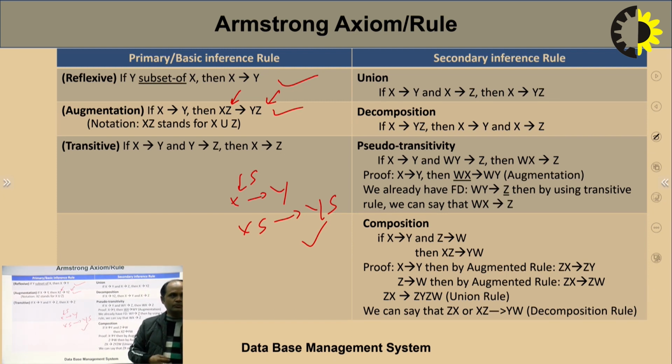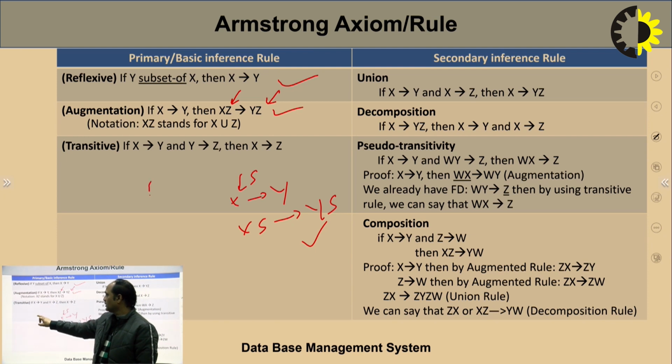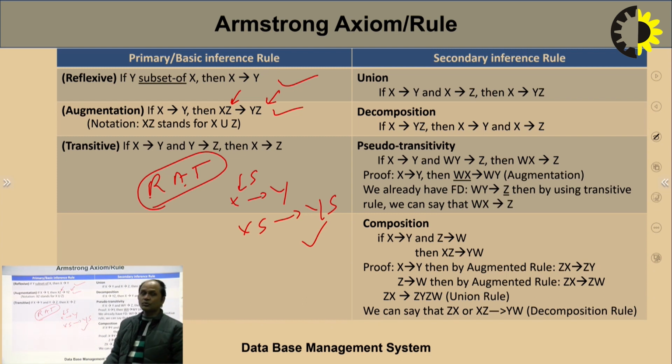What is the transitive rule? If x tends to y and y tends to z, then x tends to z. This is called the transitive rule. These three inference rules, reflexive, augmentation and transitive, make up the Armstrong's axioms.